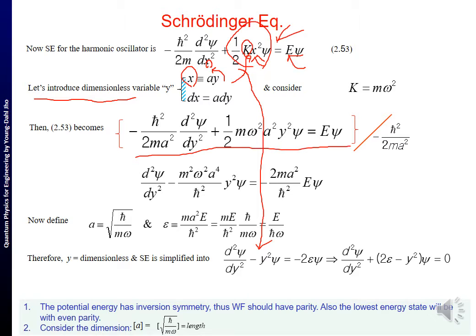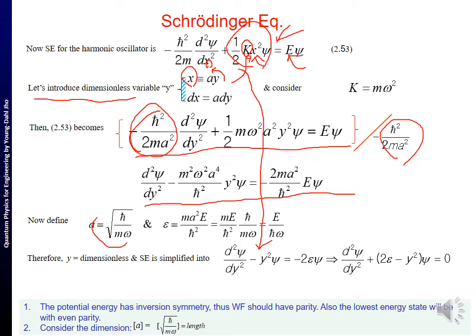Then we have this equation: minus h bar squared over 2m a squared. So we want to remove this, so we divide both sides of the equation by minus h bar squared over 2m a squared. And then you will have this one. It is actually a simple procedure, everybody can do it. So minus m squared omega squared a to the power of 4 over h bar squared y squared psi equal to minus 2m a squared over h bar squared E psi.